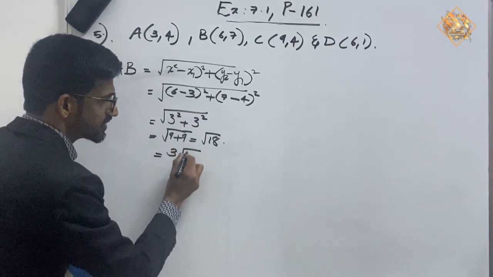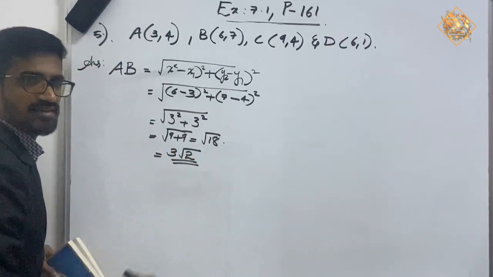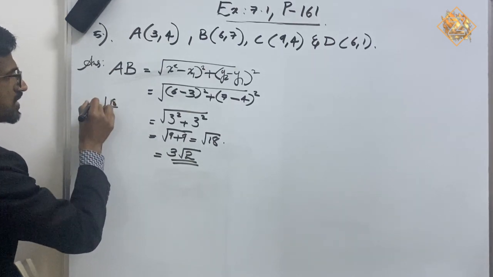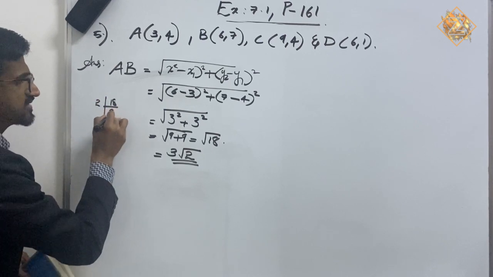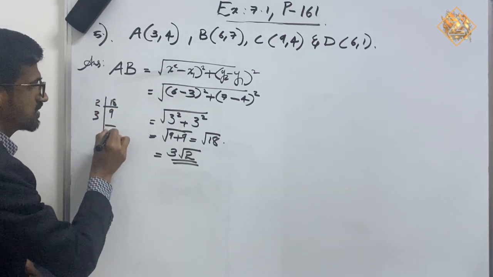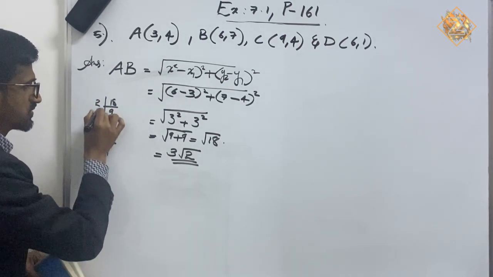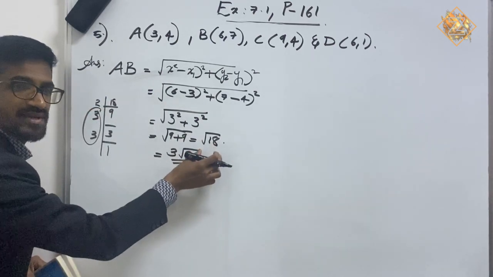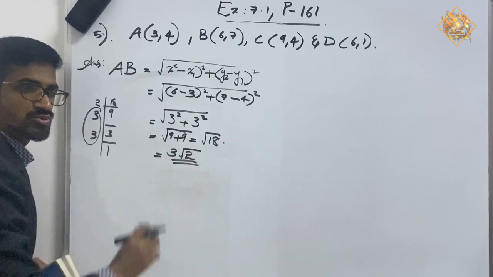That is 3 root 2. Hope it is clear, isn't it? Root 18, once we do the prime factorization, 2 into 9 is 18. Now 3 into 3, 3 into 1. So taking 3 outside the square root, we can write root 18 as 3 root 2.